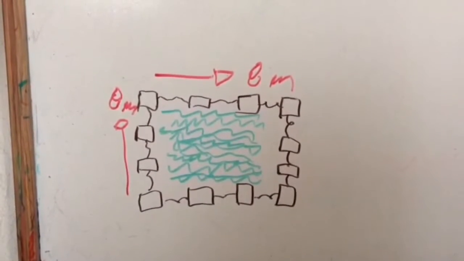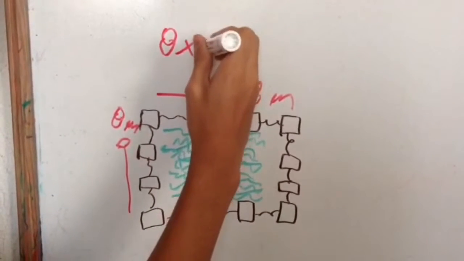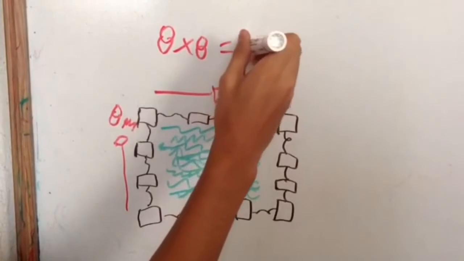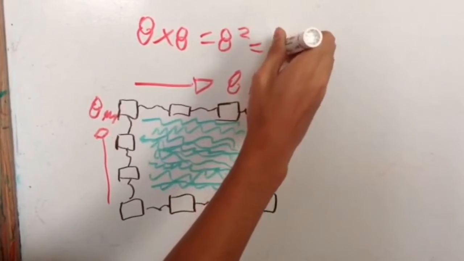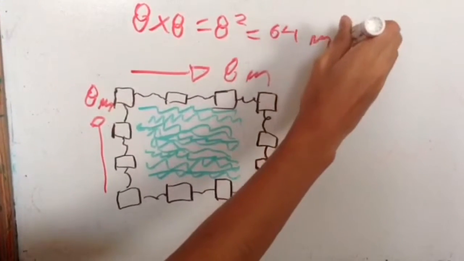You could find the area by simply multiplying 8 times 8. But you could also simplify that by writing 8 to the power of 2, or 8 squared, which in turn would equal 64 square meters.